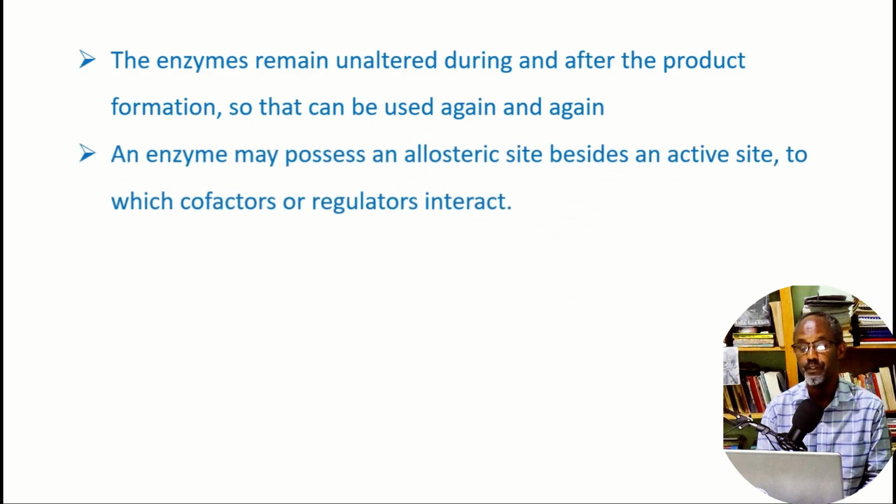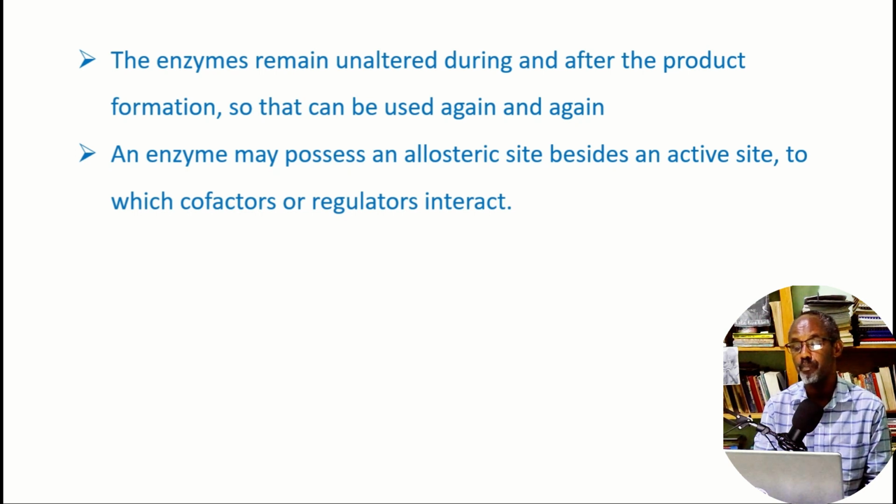An enzyme may possess an allosteric site besides an active site, to which cofactors or regulators interact. You see, we have talked about the specific pocket of the enzyme where the substrate binds. In addition to this special site, the active site, some enzymes do have an allosteric site.